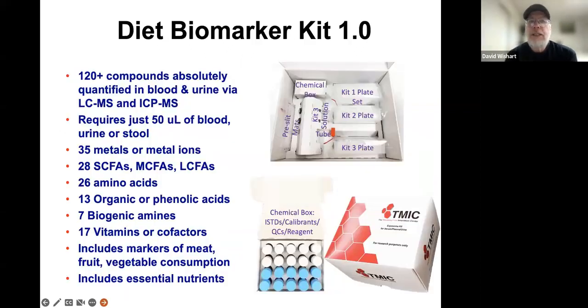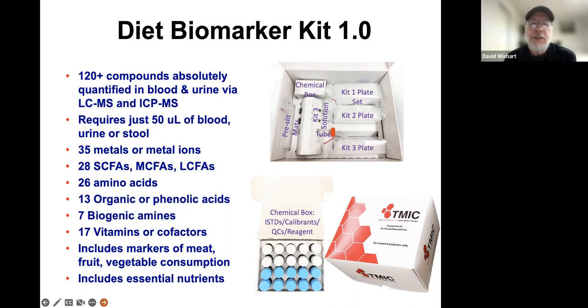So we've been developing a dietary biomarker kit as part of this effort with FooDB. This one measures about 120 compounds. It measures a number of metals and metal ions, short chain, medium chain, long chain fatty acids, a variety of phenolic acids that represent polyphenol breakdown products, a lot of vitamins and cofactors.